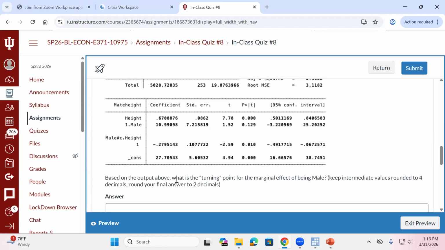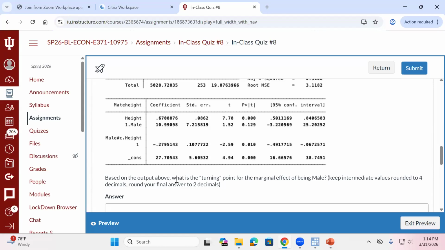If this is the regression equation I'm running, what is the change in my y variable, or my mate's height, divided by a change in that dummy variable, which for us was male? Well, if I take a derivative of this function, it's always going to be the coefficient on my dummy variable. Now, if they're male, I would also get added in that coefficient on the interaction term times the value of that continuous variable.